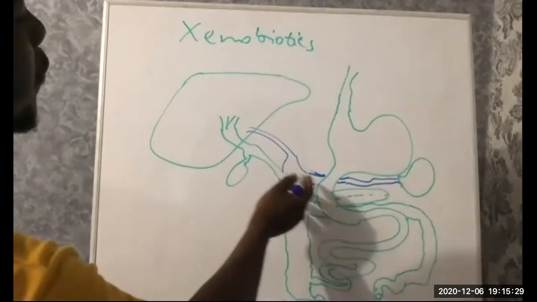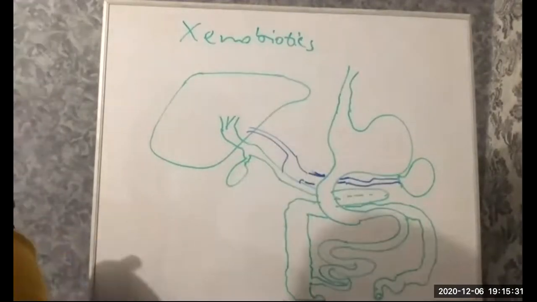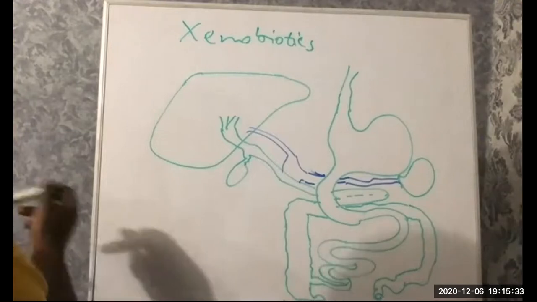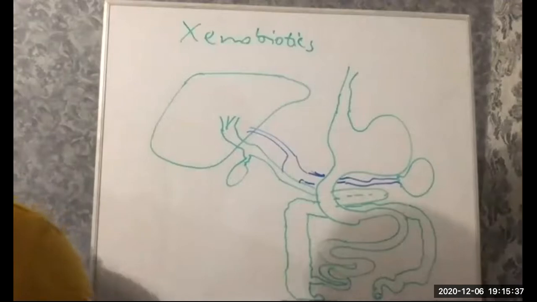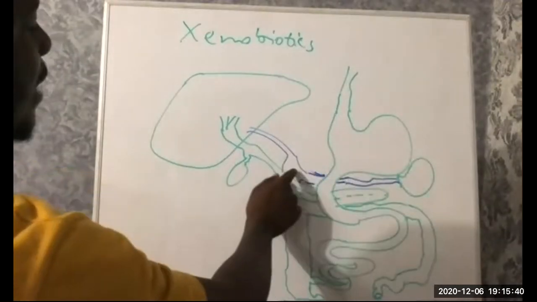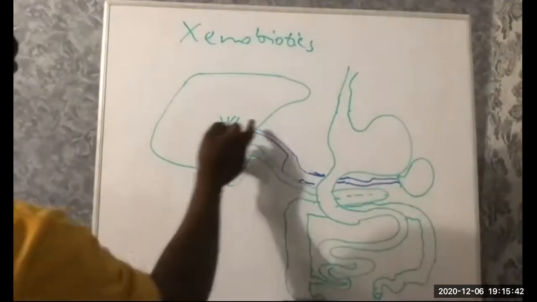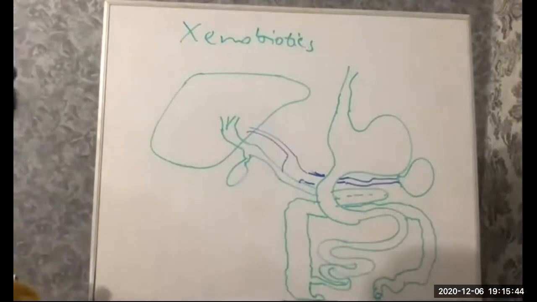The food that we're eating is rich in nutrients and other substances. So when you take medication, it will also be absorbed and pass through the portal vein, and that portal vein is joined to the liver.